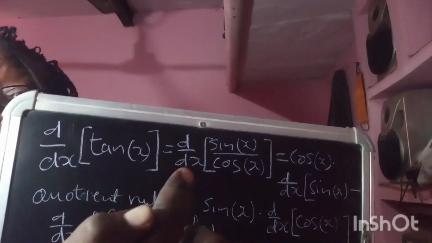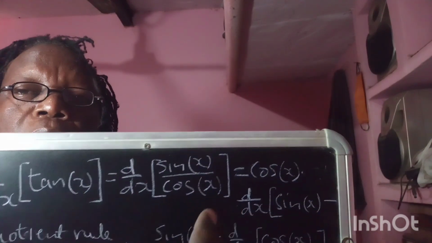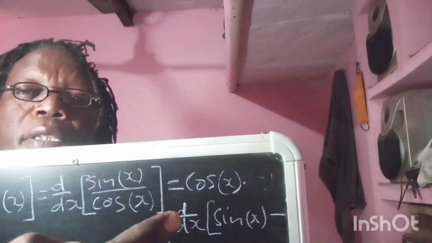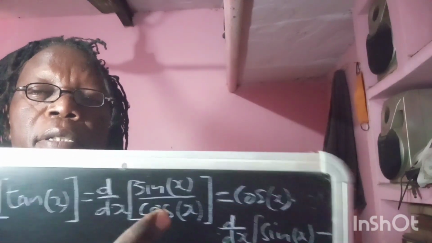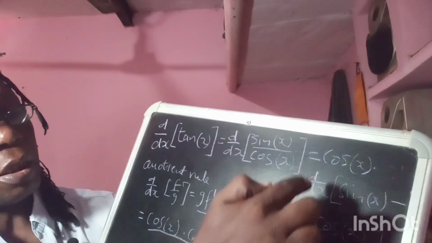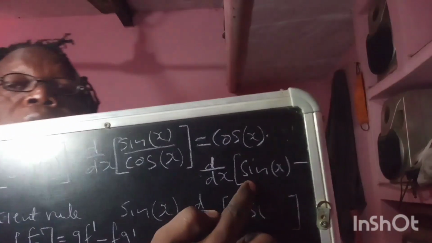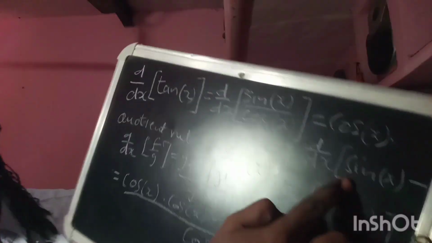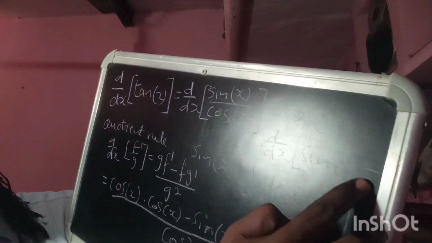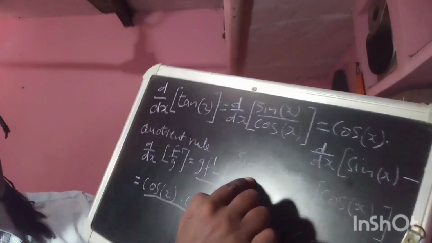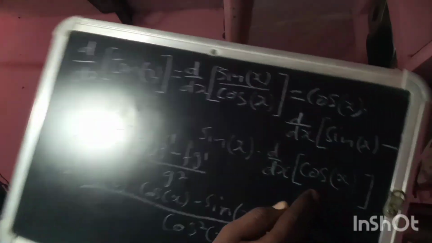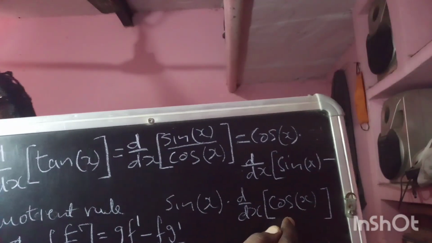So here g remains the same, which is cosine x. Differentiate the upper one, which is sine x, according to that formula. Then you minus the upper one, sine of x, which remains the same, and differentiate the lower one, cosine, according to the formula.